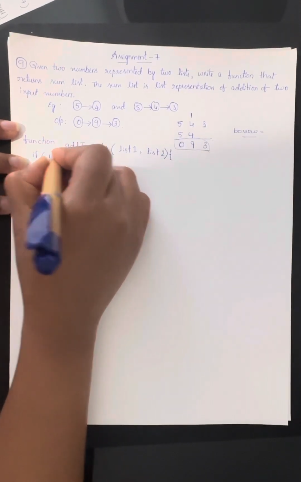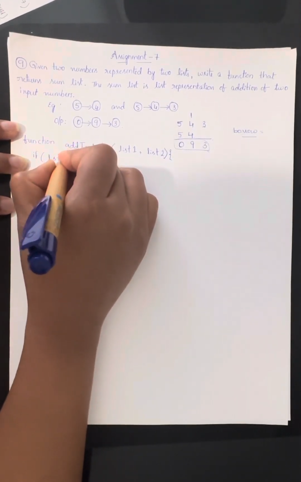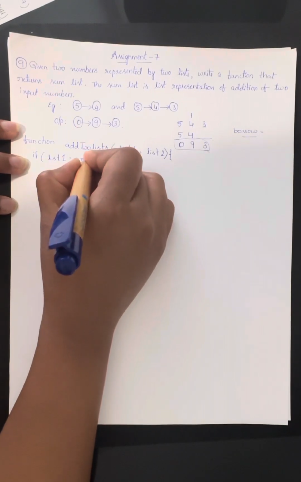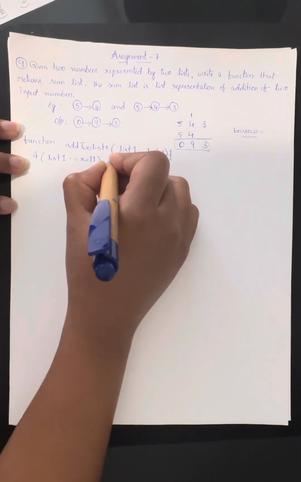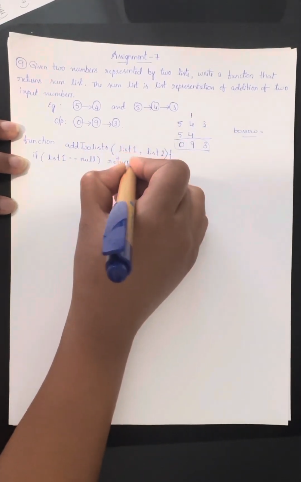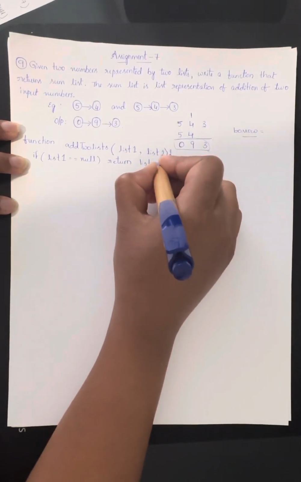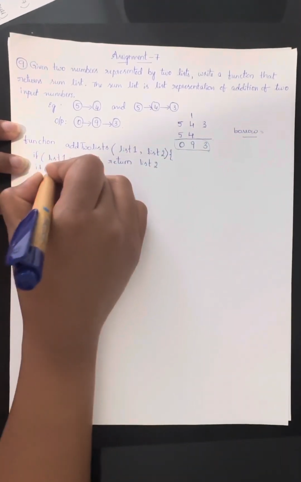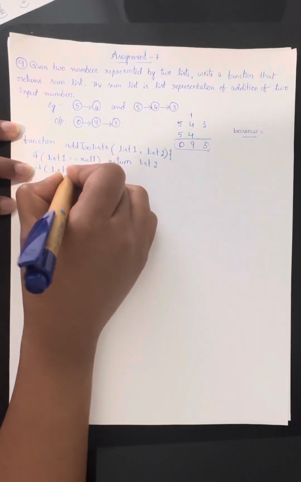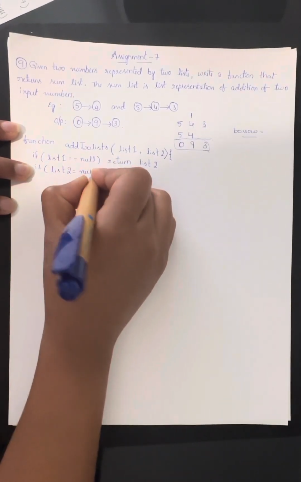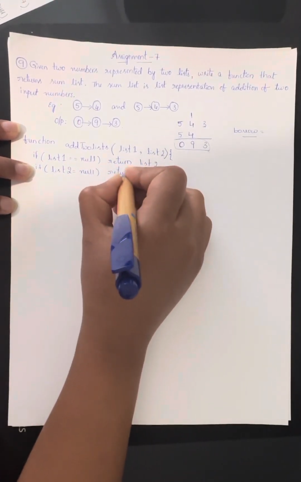I'm checking the corner conditions: if list 1 is null, we just return list 2, and if list 2 is null, we return list 1.